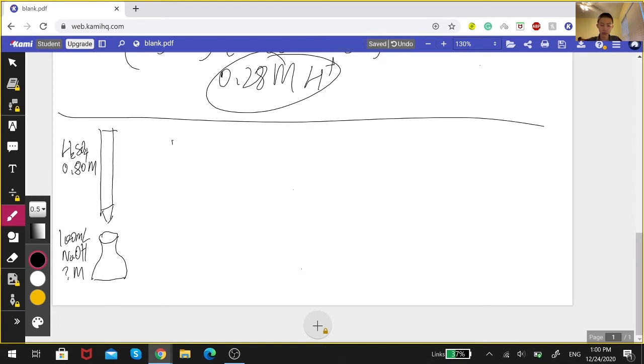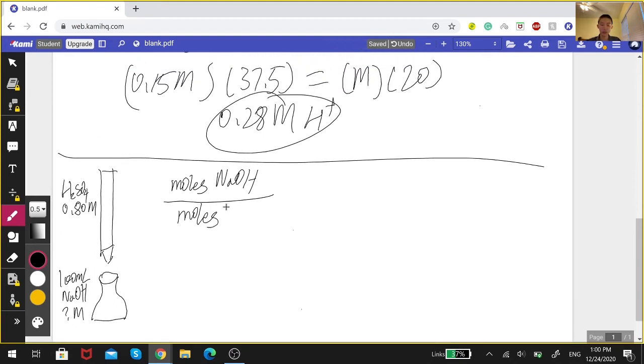What you can do is use the moles of what's in the beaker, NaOH, divided by the moles of what you're titrating it with, our acid in this case, H2SO4. Multiply it by the milliliters of the acid, or what you're titrating with, divided by the milliliters of the other thing, NaOH, which is what is being titrated.